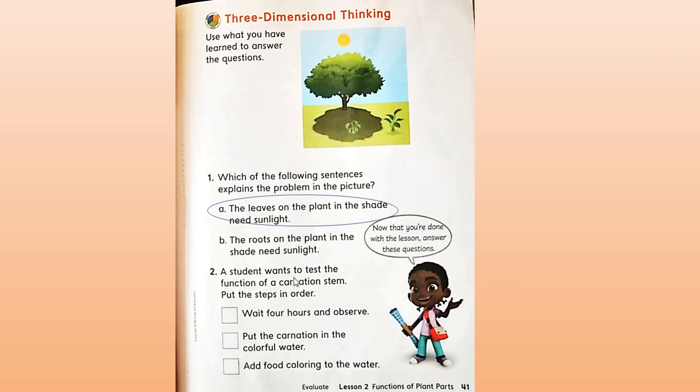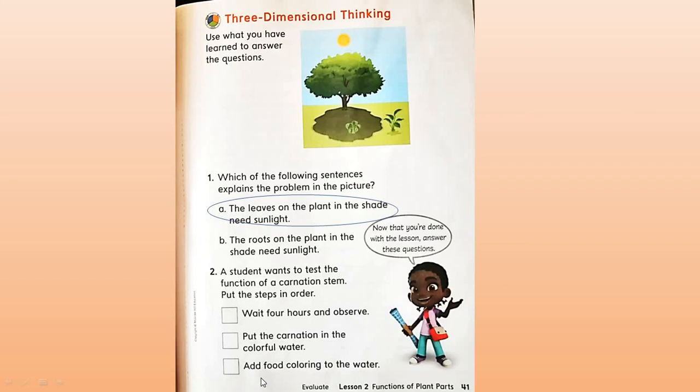A student wants to test the function of a carnation stem. We tested a celery stem, but the student would like to test the function of a carnation stem. Put the steps in order. Can you guess which step is the first step, grade 1? Did you say this one? If so, you're totally right.